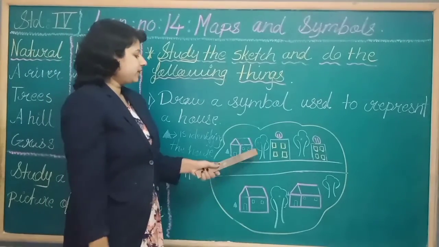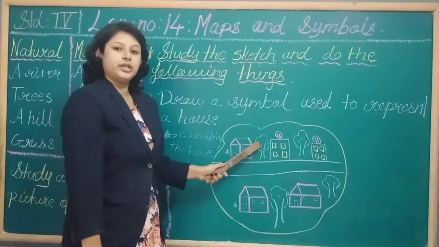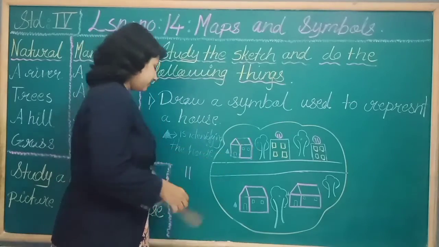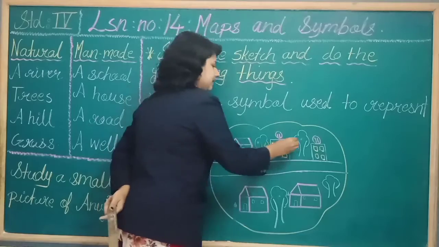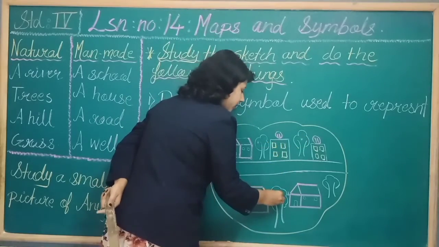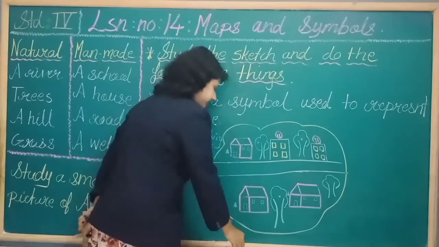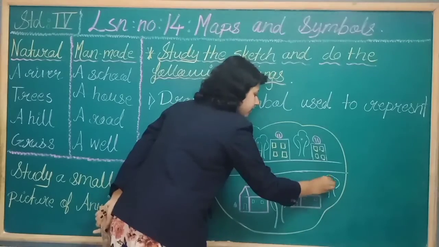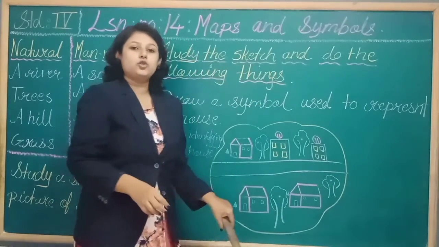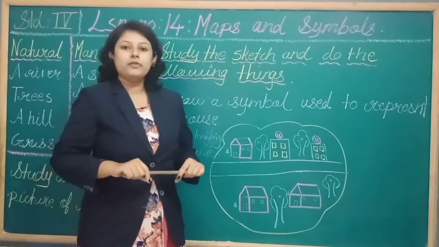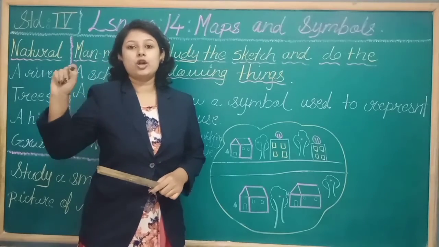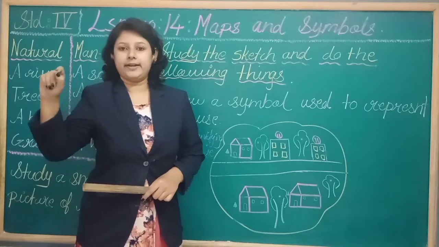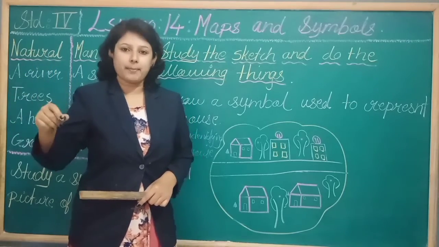The next picture is of trees. Here the small pink dot is the symbol for trees. So if the question is asked to identify the trees, you will write that the small dot identifies the tree in the map.